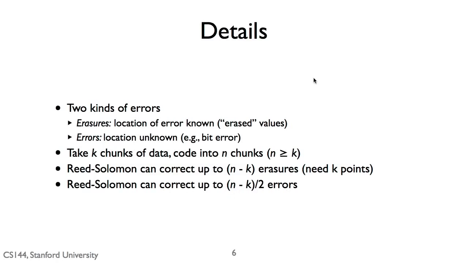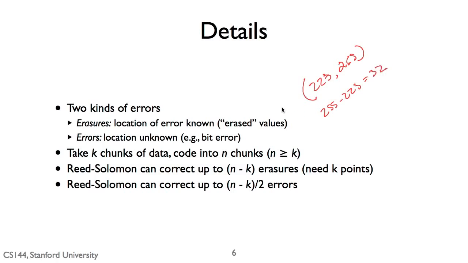But it can also correct up to (n minus k) divided by 2 errors. So let's say we have a very common Reed Solomon code, 255,223, which means that we take 223 bytes of data and turn it into 255 coded bytes of data. Well, 255 minus 223 is equal to 32.